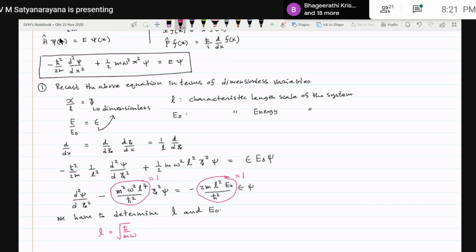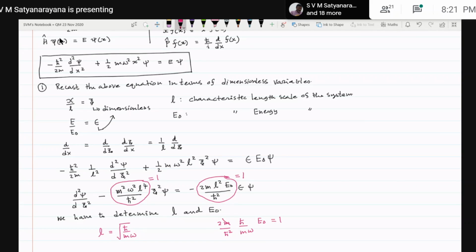So that means twice m by h bar square into, already I know what L square is, L square is h bar divided by m omega, into E naught is equal to 1.